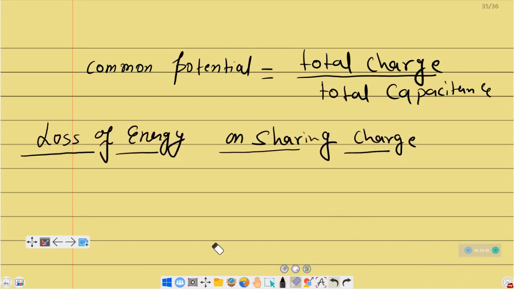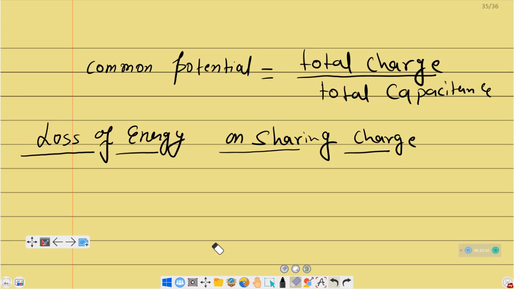Now, next topic is loss of energy on sharing charge. As we know, when charge is shared between two bodies, meaning when we connect two capacitors with the help of a conducting wire, no charge is lost.